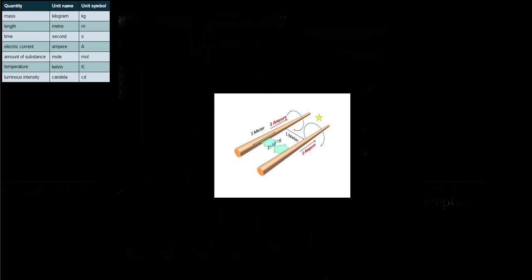Again, from what I read, they create current in 2 copper wires a certain distance apart, probably in a vacuum. And when the force on the 2 wires due to magnetism reaches a certain magnitude, whatever the current is at that point, that is the official ampere. But notice the ampere is defined using force.